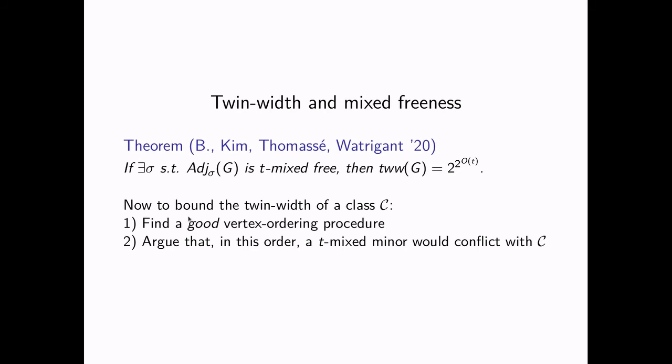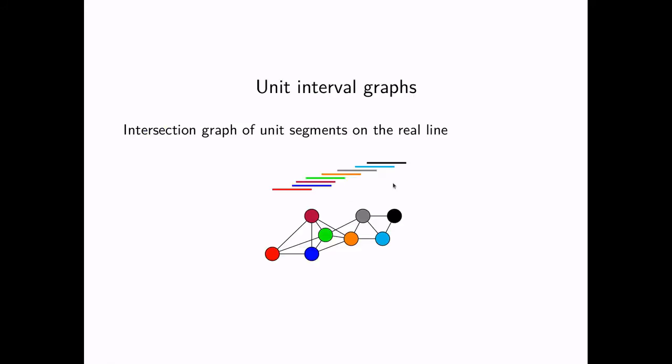So we take a graph from a class, and we say, okay, this is a good way to order its vertex set. And if indeed the adjacency matrix that we get along this order has no t-mixed minor, we know, and it's effective, that the twin-width is bounded. So we'll see a couple of examples.